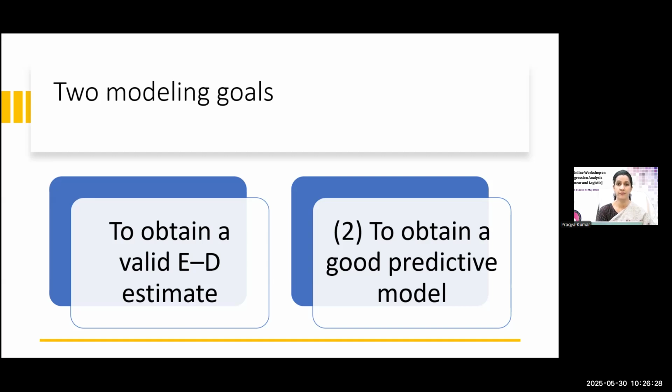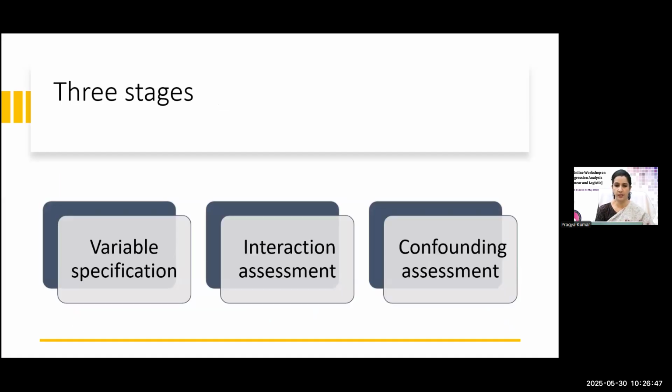So in that case, we cannot obtain a model. It is not a good idea to go for a prediction if our study design is a case control study or a cross-sectional study. That is only possible if your study is a follow-up study.